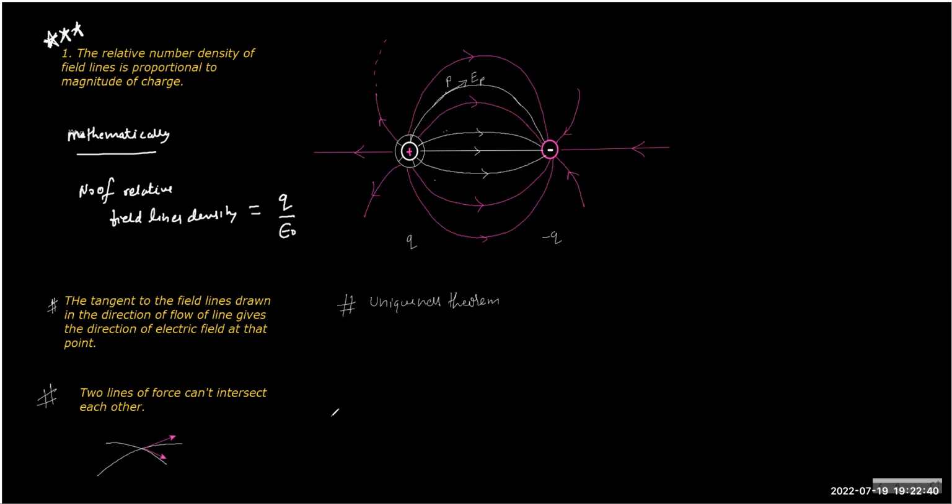Which means we cannot have two separate field patterns with one single distribution, or you can say we cannot create the same field pattern with two separate distributions.